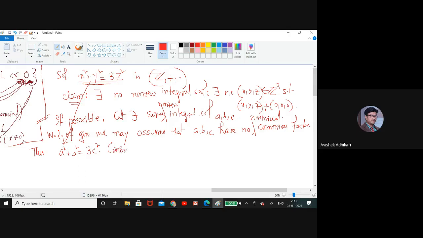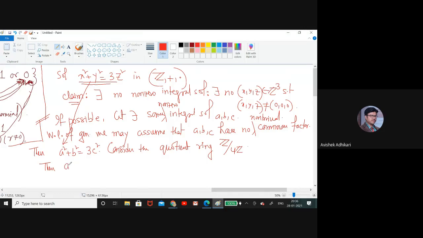Consider the quotient ring Z quotient 4Z. Then, as I mentioned earlier, if these are equal in the ring, then they must be equal in the quotient ring as well.